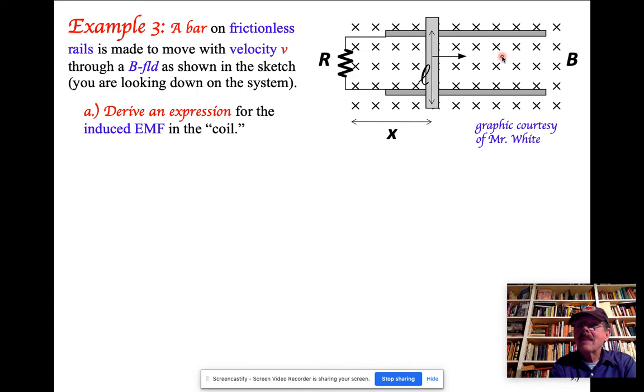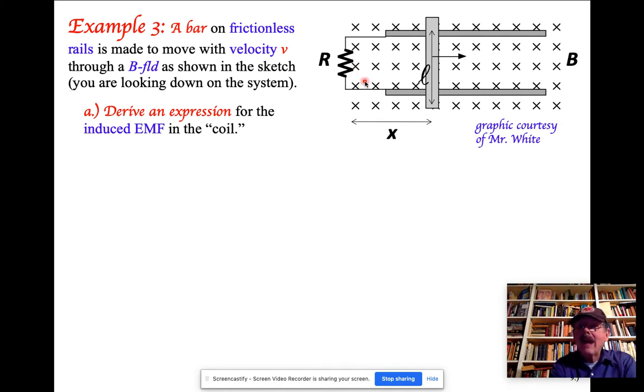Now, if you think about what's going on conceptually, the magnetic flux is increasing. You're getting more and more field lines in the coil because the coil is physically getting bigger. So you have a changing magnetic flux, which means you're going to get an induced current, even though there's no power supply in this thing, which is kind of wild.